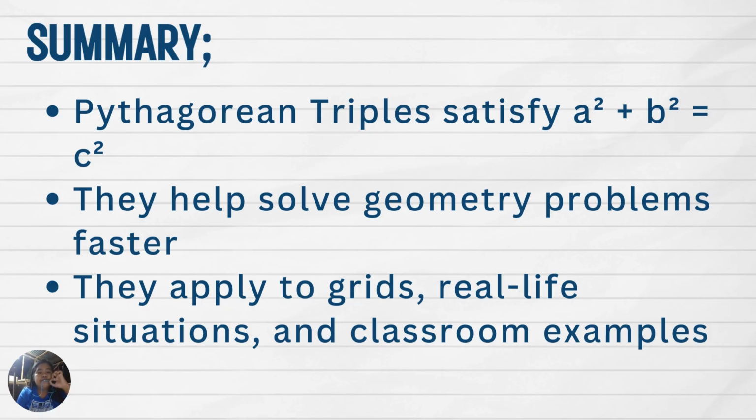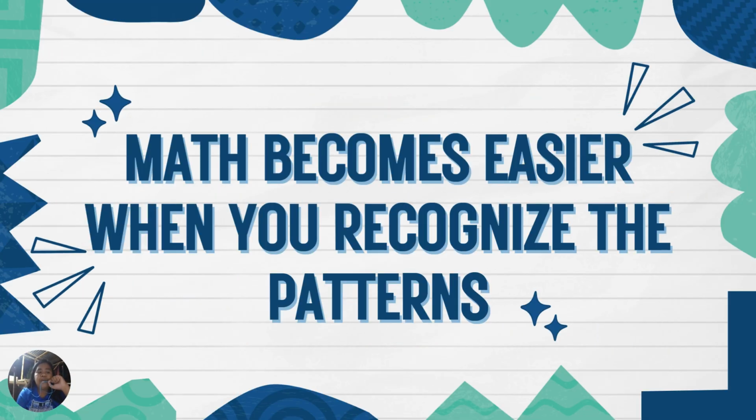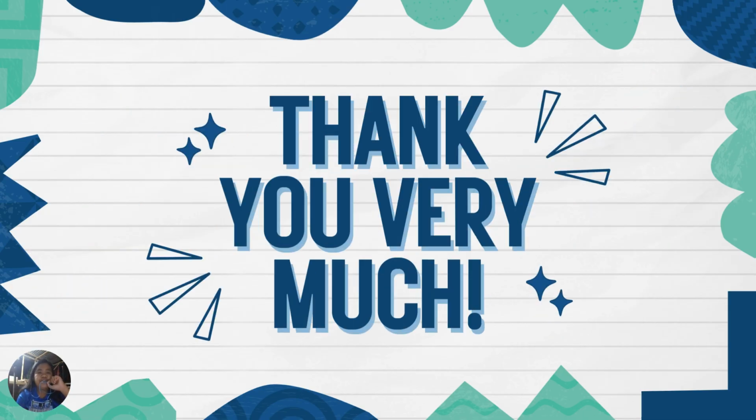So memorizing a few triples will make you faster and more confident in solving problems. Just always remember that math becomes easier when you recognize the patterns. So that's all. Thank you very much everybody for listening.